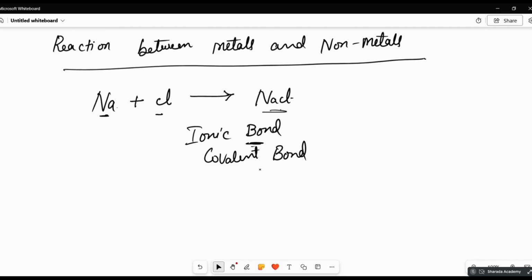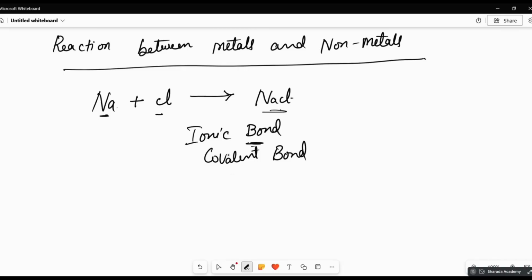What does valence electrons mean? The electrons in the outermost orbit. So how do you tell the valency? How many electrons take part in the chemical reaction? That is what we call valency.